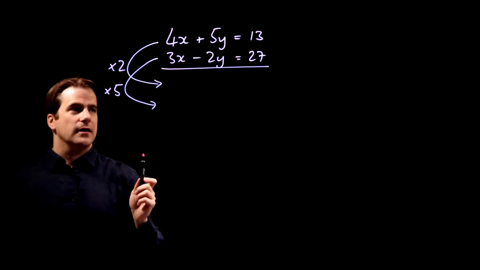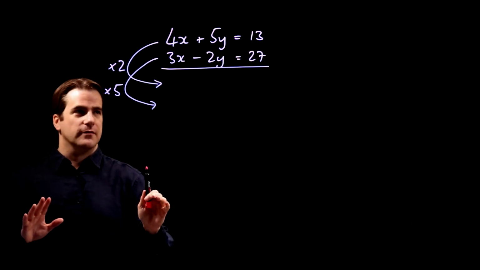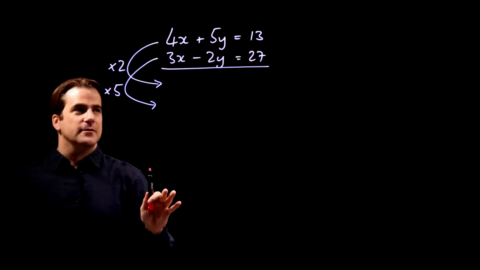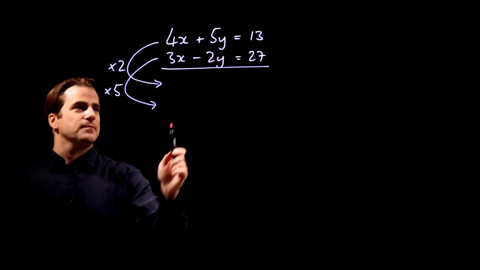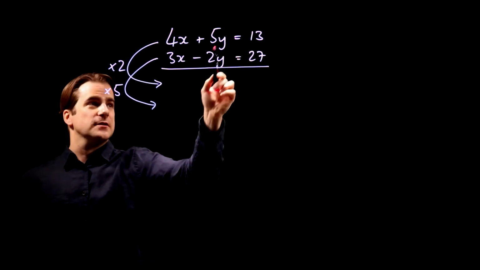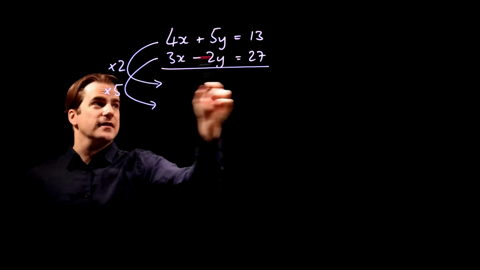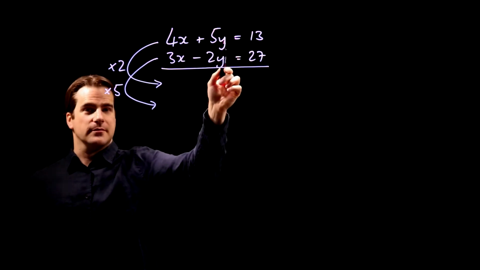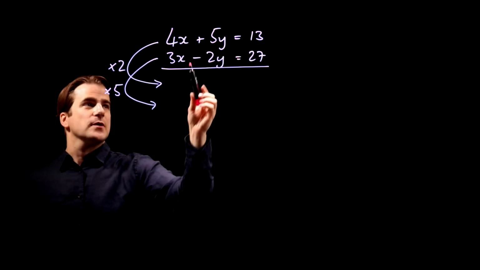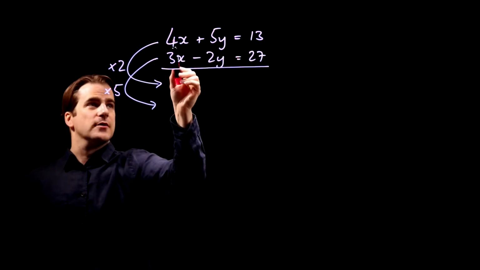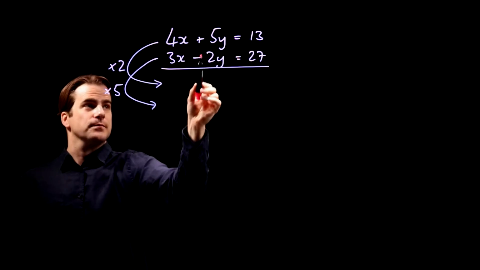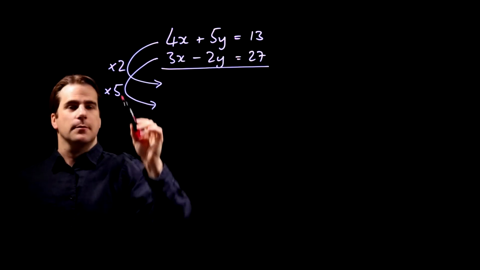However, if all this lowest common multiple stuff, if you don't like all that, just do it like this. Multiply this equation by that number and this equation by that number. Okay? So we've multiplied this whole top equation by 2. Positive 2.